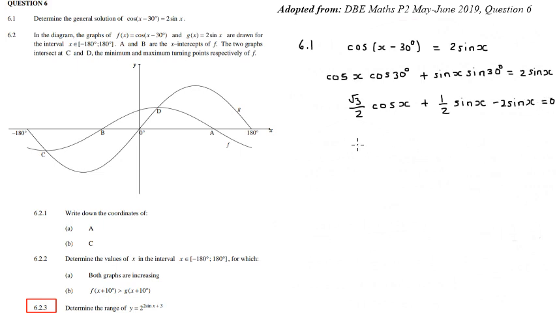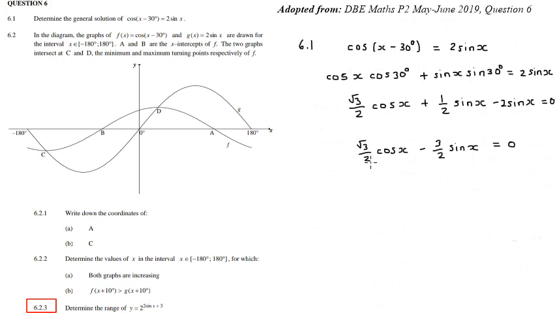So simplifying, we have root 3 over 2 cosine of x, and then you have a half, and you take away 2, which means that you are now left with negative 3/2 sines of x, and this is equal to 0. So now we've moved this original general solution into a different type.